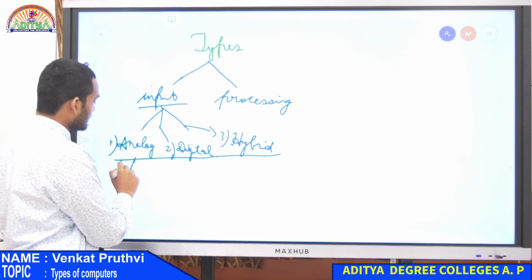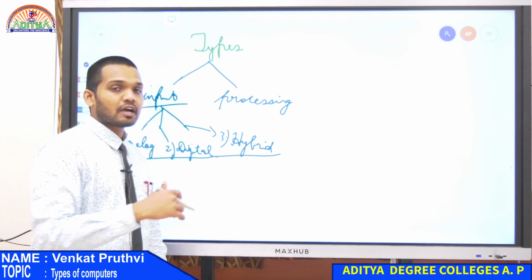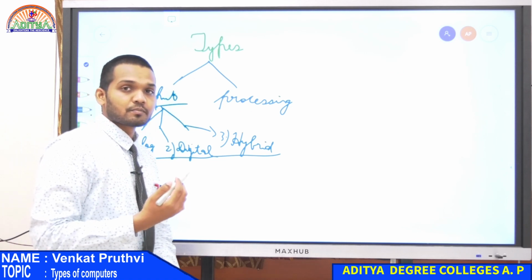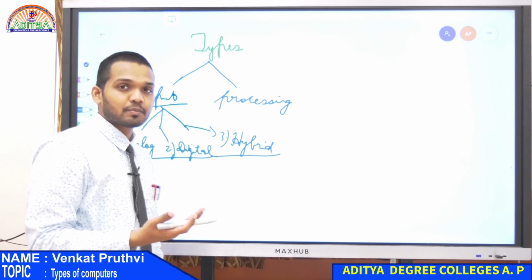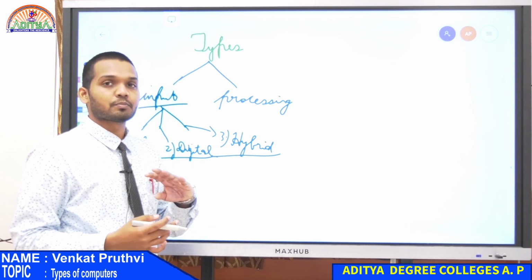First, let us see what an analog computer is. Analog computers required continuous signals to be given as an input, and they could only process those signals and give you an output.